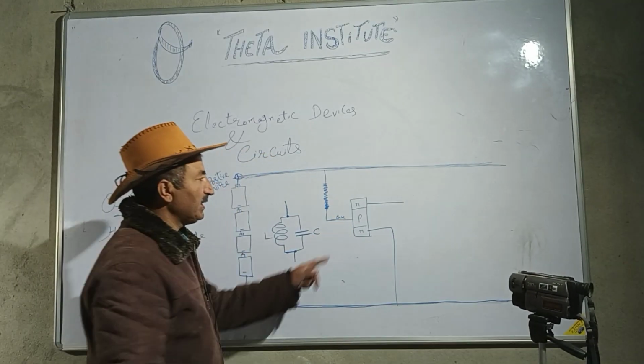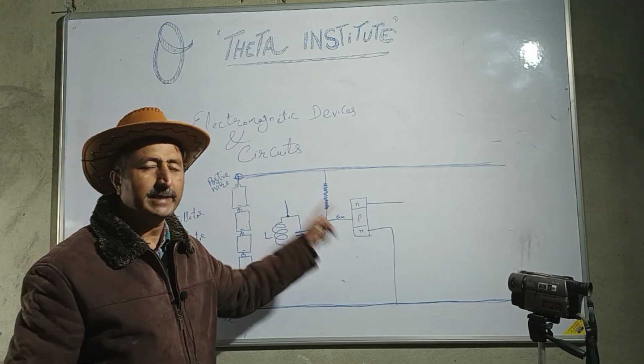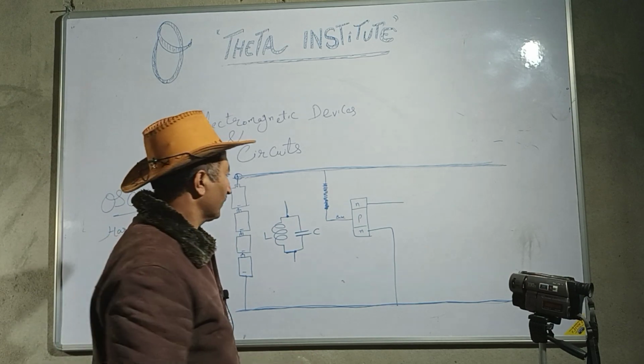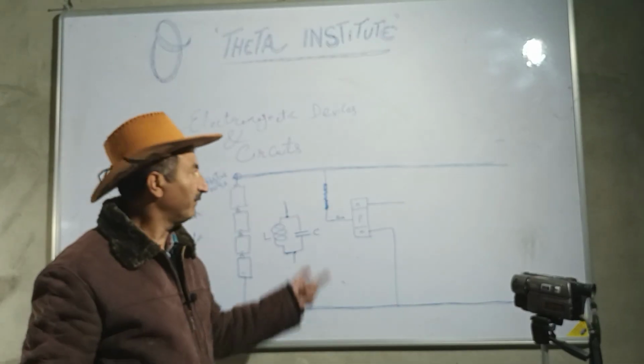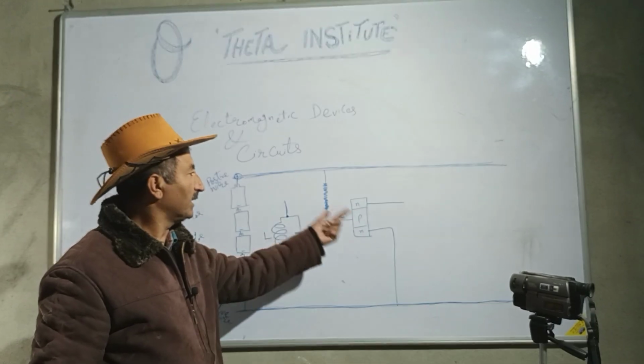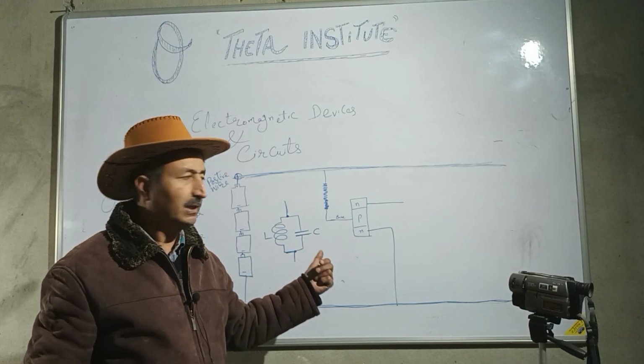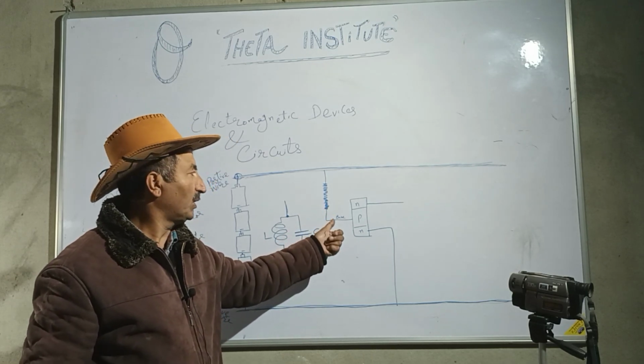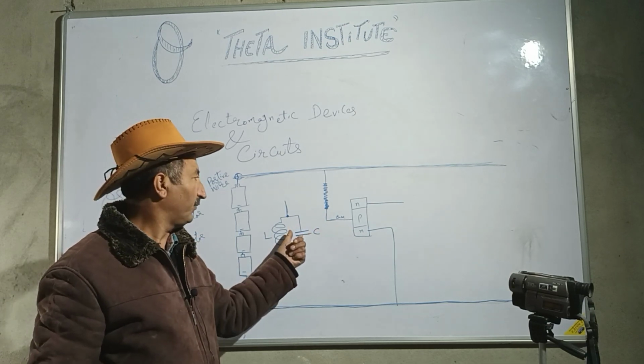The base should always be given very little positive current, because there is no point in giving more positive than it already has. Why is it given very little positive? Because it should remain under the control of this input.